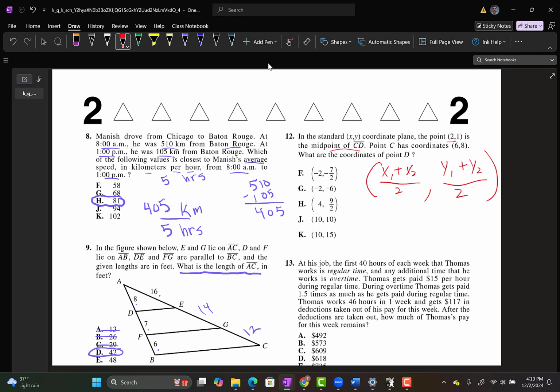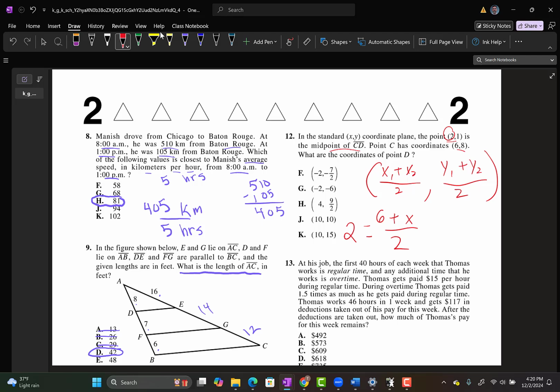And we could do this, although this one's a little tricky because they give us the midpoint and they give us one of the endpoints here. So essentially we're taking the 6 and asking, what do we add to it, and then divide by 2 to get our X coordinate up here of 2.